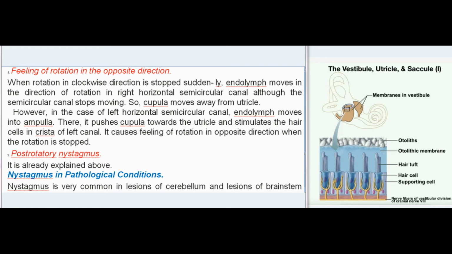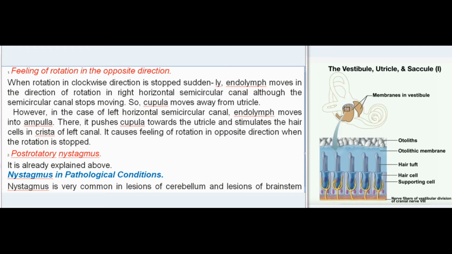So cupula moves away from utricle. However, in the case of left horizontal semicircular canal, endolymph moves into ampulla. There, it pushes cupula towards the utricle and stimulates the hair cells in crista of left canal. It causes feeling of rotation in opposite direction when the rotation is stopped. Post-rotatory nystagmus is already explained above.